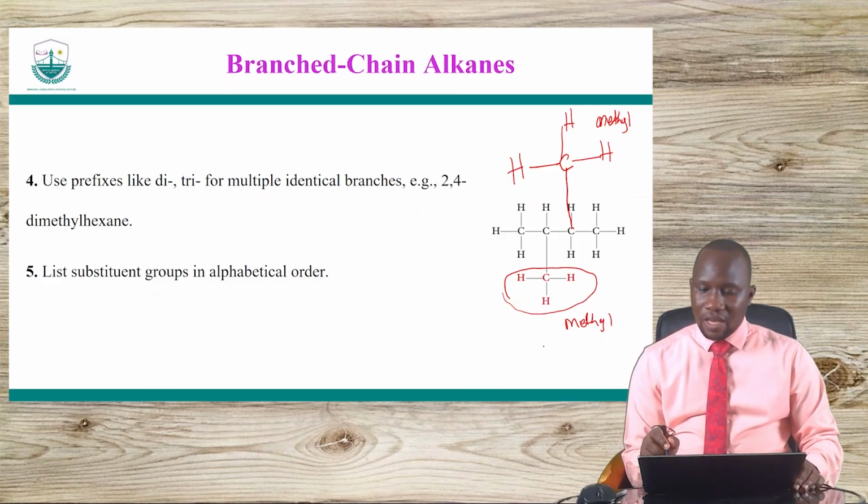So in this case, if you remember, the same rules apply. If you're going to start counting from here, this is carbon 1, carbon 2, carbon 3, carbon 4. Okay? So the positions of the groups are 2 and 3.